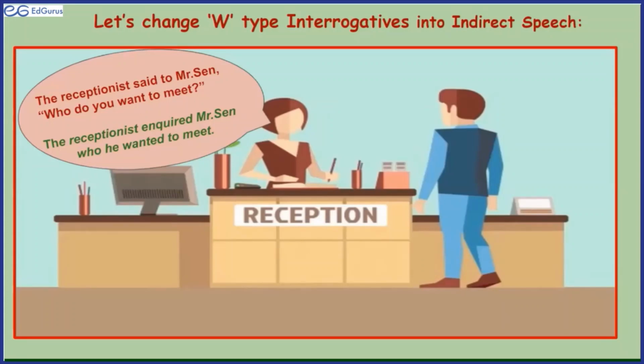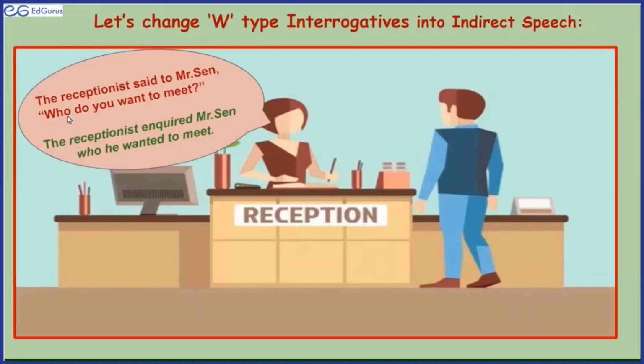Yes, ma'am. Another important thing is, please observe carefully, soon after the question word, we use the subject here, that is he. And then there comes the verb wanted. In the question, it is who do.